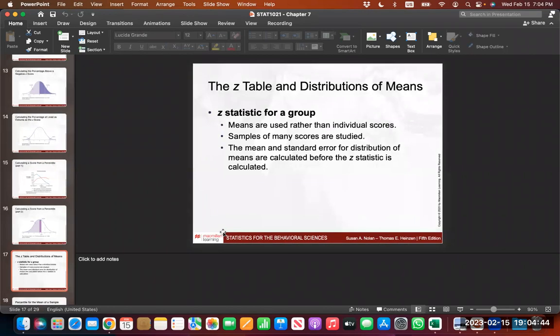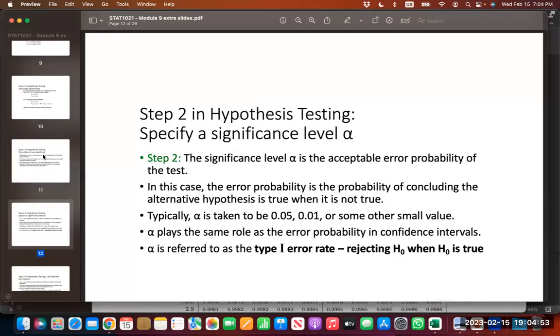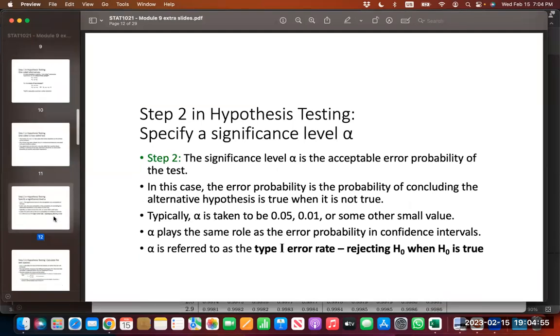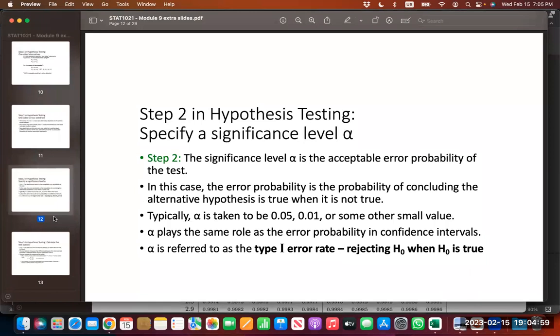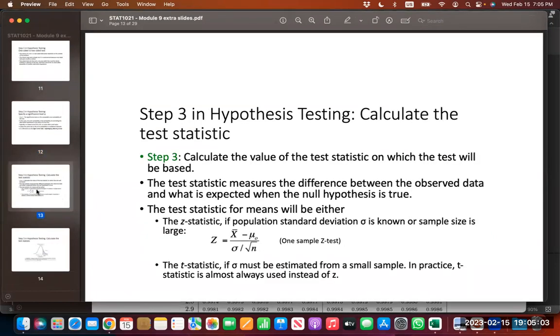All right, so we have a z statistic for a group that is basically quantified as this distribution of means. And this distribution of means is then utilized for hypothesis testing. We're doing a null hypothesis. We're having a significance level of an alpha. We're calculating now a standardized distribution of means.